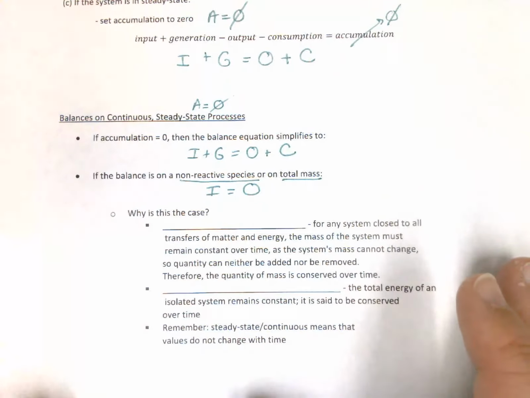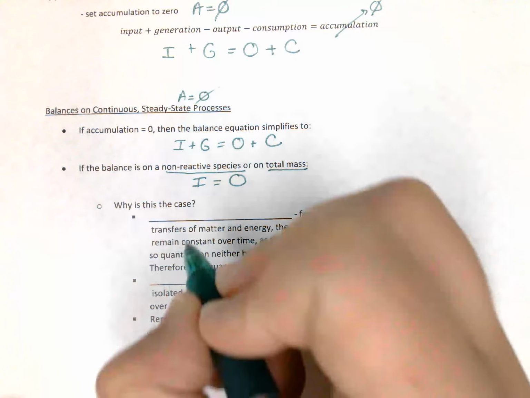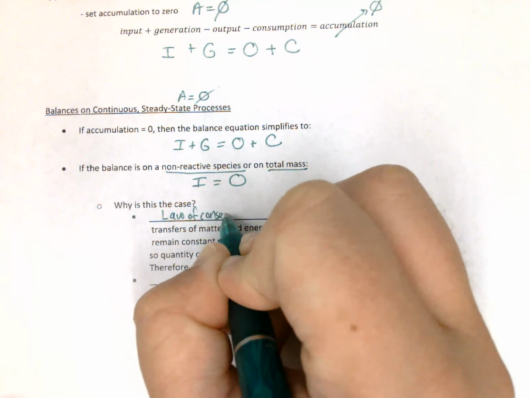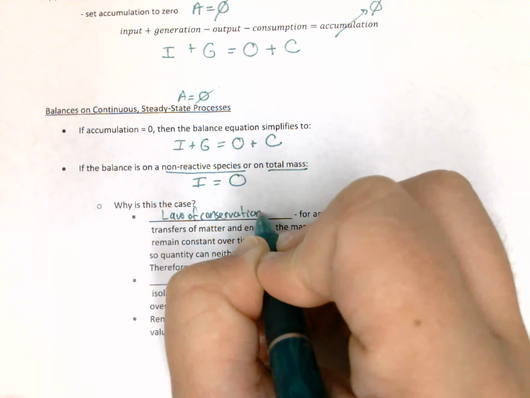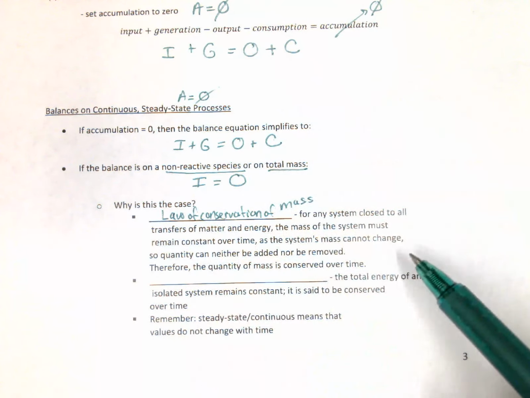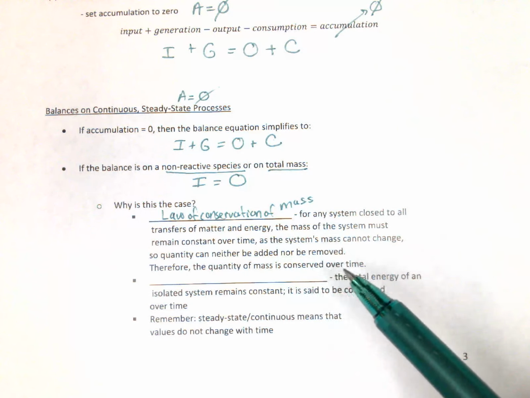So why is this the case? Why can we do this? We have the law of conservation of mass. We've talked about this before, but for any system that's closed to the transfer of matter and energy, the mass of the system must remain constant over time.